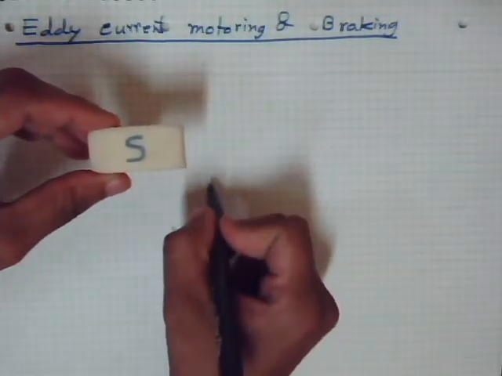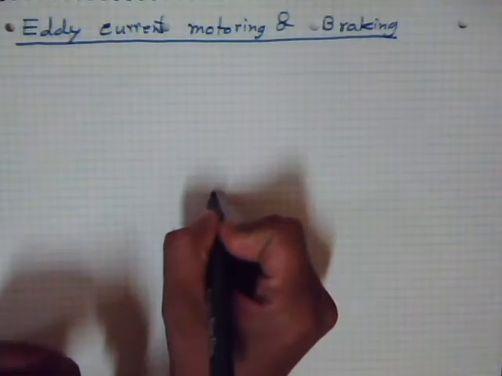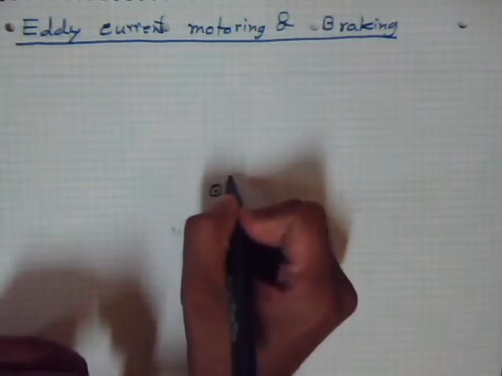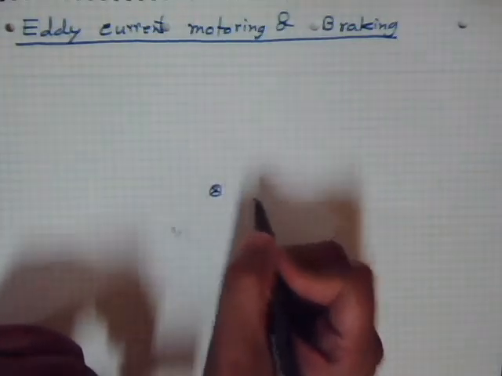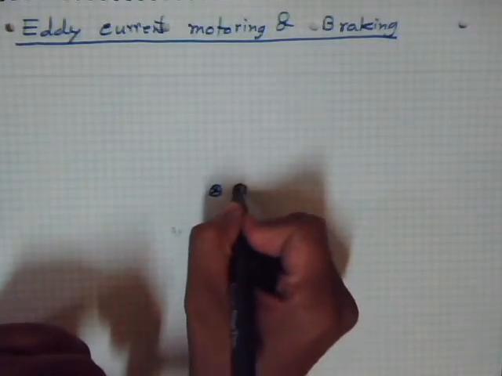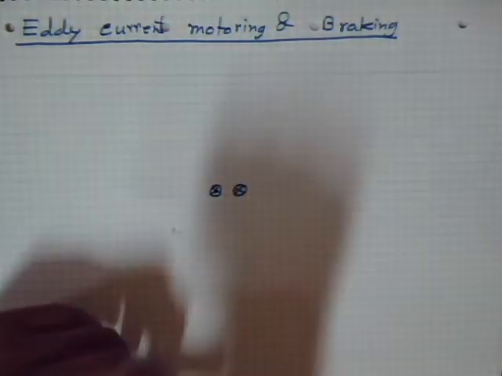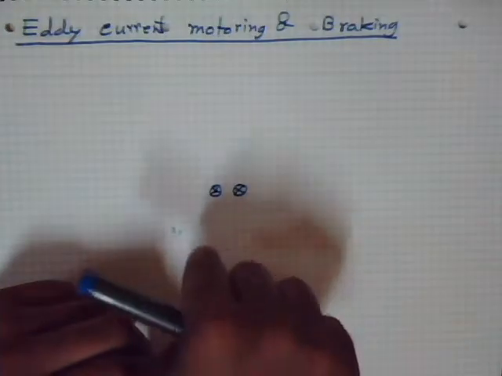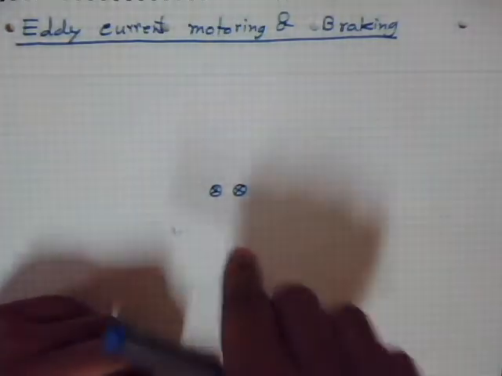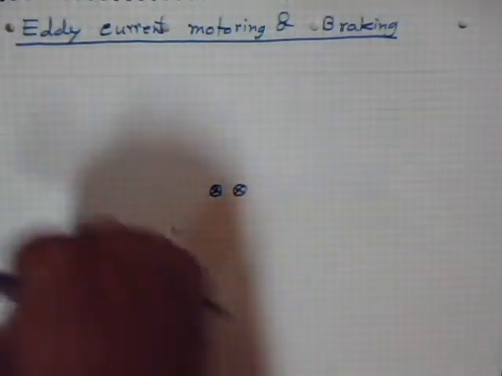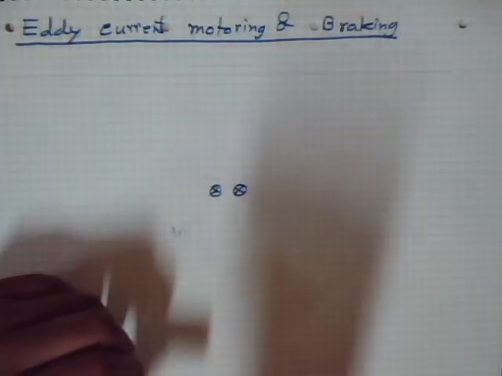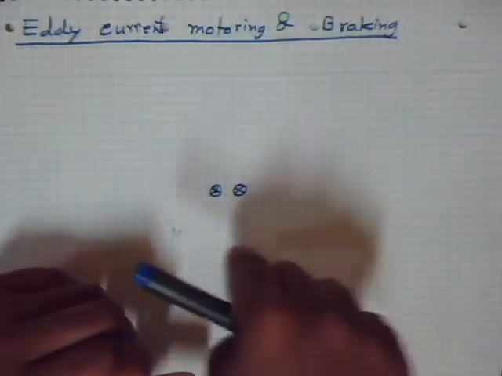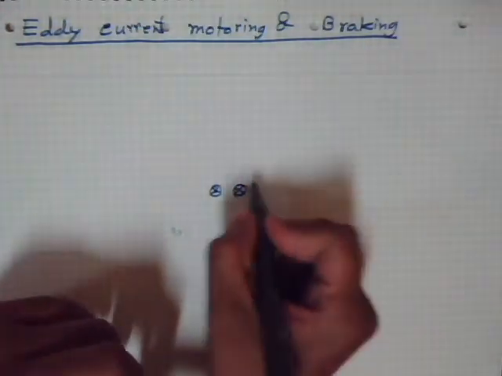So let me draw the fluxes with these cross symbols, cross denoting they are going into this sheet, away from the viewing direction.